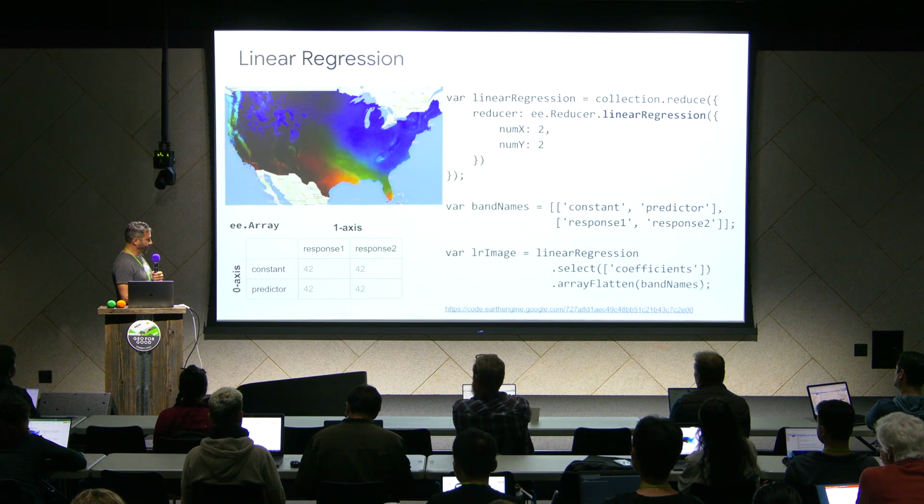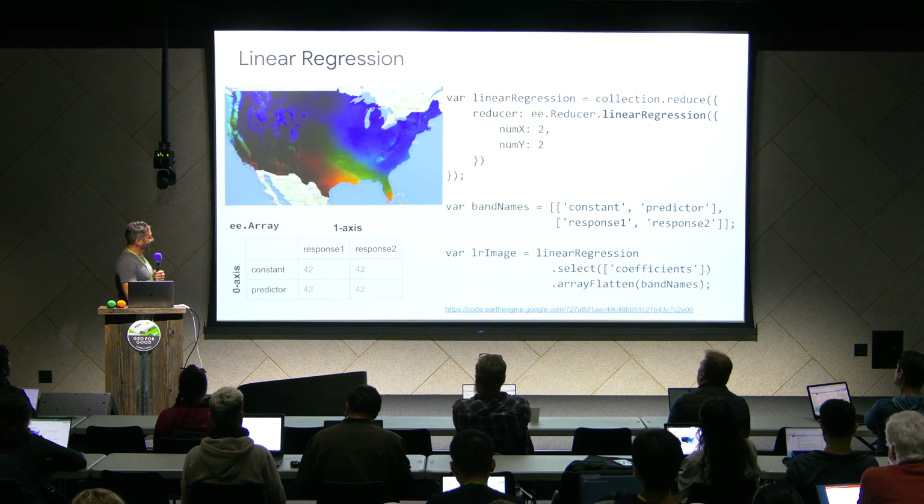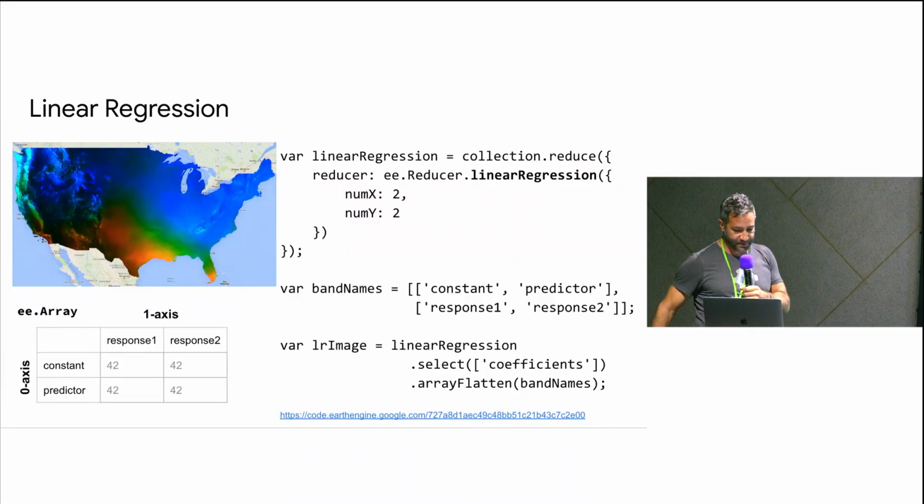So when you call arrayFlatten on that, it just turns that into a multi-band image, where it will append these names together, constant underscore response 1, constant underscore response 2, that kind of thing. Questions about that?